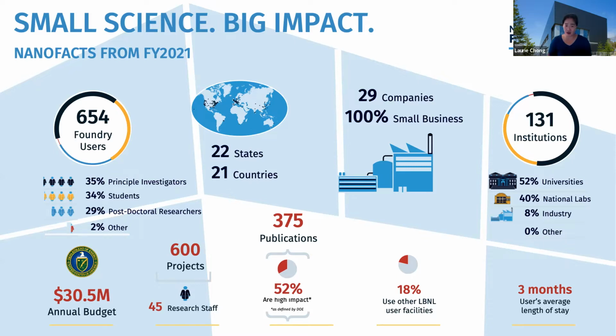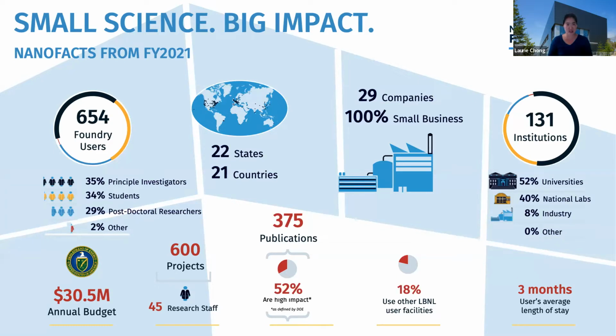Those users came from 22 states, 21 countries, representing a good amount of industry, just under 10%, where we had 131 different types of institutions as well. And all of those numbers culminate to about 600 different projects.